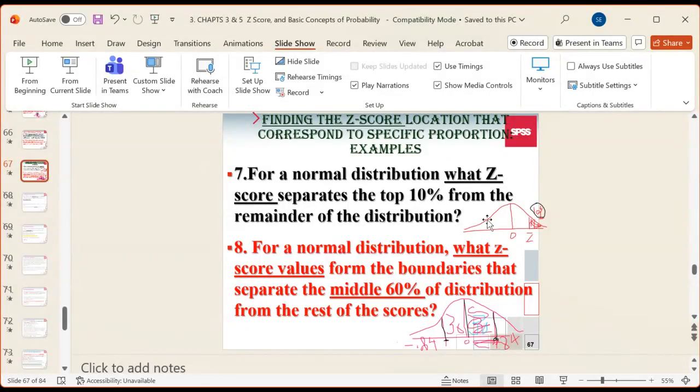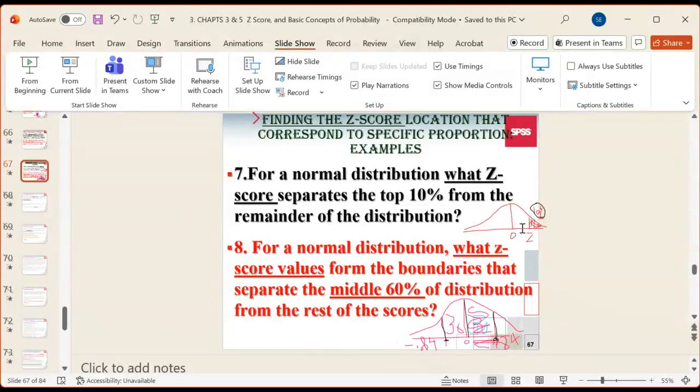Again, we have the value for the tail, which in probability is 10%. We need to convert it to proportion, because when we look at the values in your book, those critical values are given in proportion.